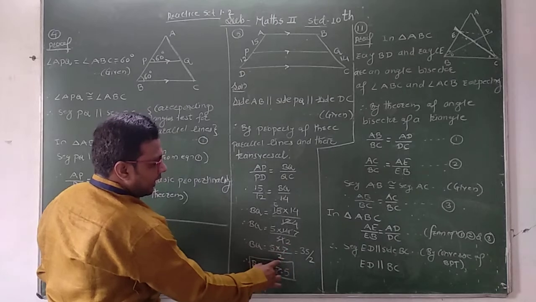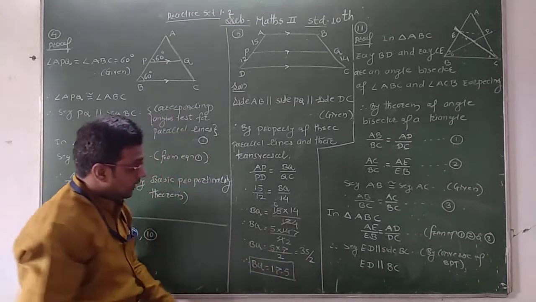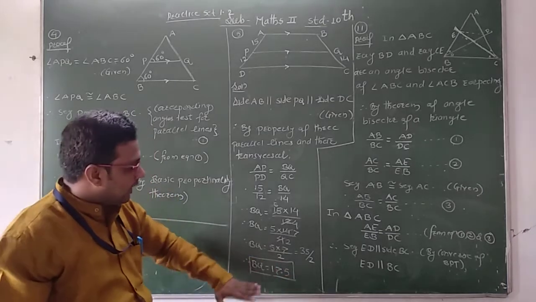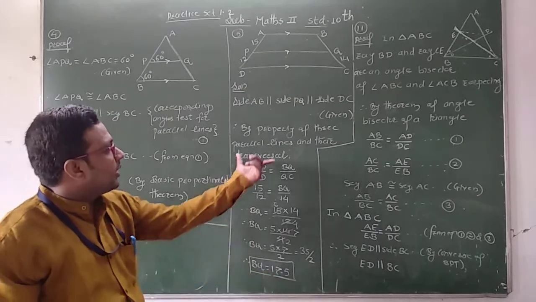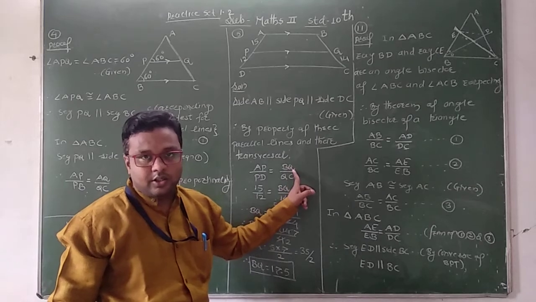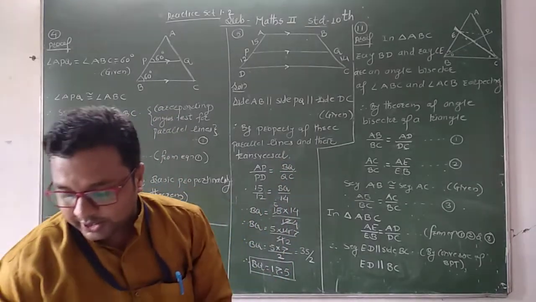So 5 into 7 divided by 2, 7 fives are 35 upon 2. Therefore, BQ is equal to 17.5. In this way, here we find the value of BQ is equal to 17.5 by using the property of three parallel lines and their transversals. Okay, students, I hope you understand this question. Now we see the next question.